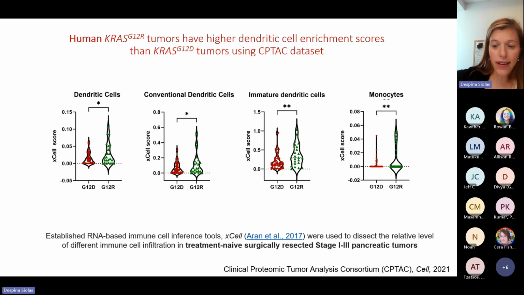So let me just take a second. We started off with the idea that clinically speaking, a G12R patient lives longer than a G12D patient, right? We don't know why. We went to a mouse model where we're seeing differences that mimic what we see in the patients. And then we went back to the patients to tell us, is this true?